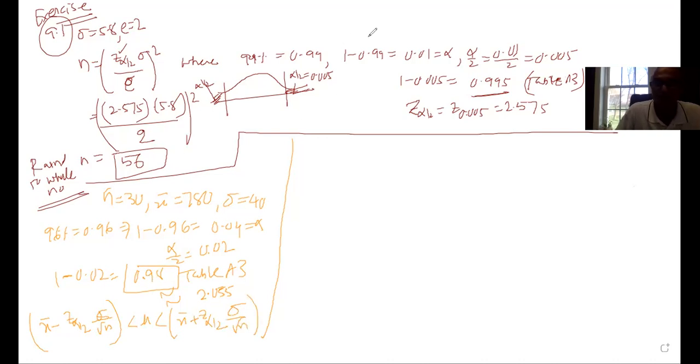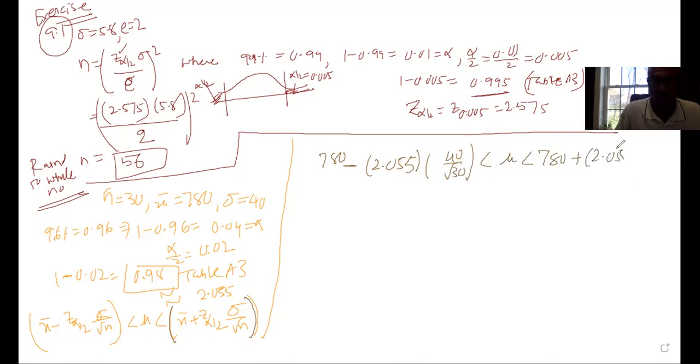Plugging the values in, we get 780 minus 2.055 times 40 divided by square root of 30, less than mu, less than 780 plus 2.055 times 40 divided by square root of 30.